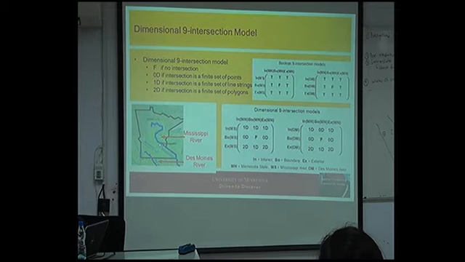That's mostly your mathematical underpinning, and if you wanted to understand what the OGC implementation is giving you, you probably want to use this particular matrix. Any questions on the dimensional 9 intersection model? Everyone comfortable with this? Good.